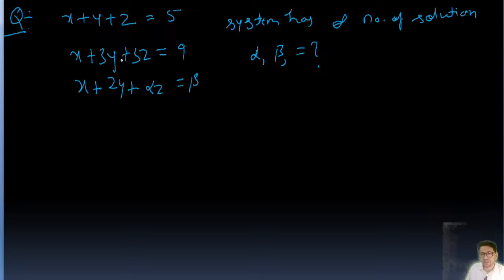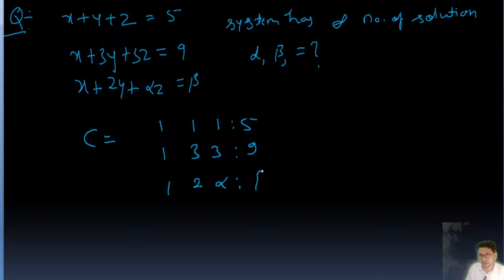So for that, our first aim is to make a matrix. The augmented matrix is going to be 1 1 1 5, 1 3 3 9, and 1 2 alpha beta, right.